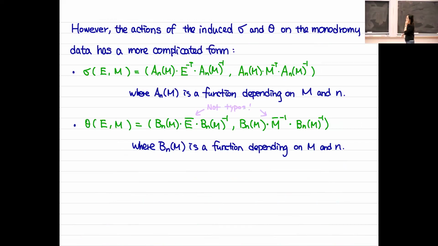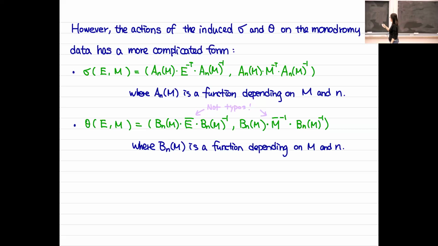So how difficult is it to describe this symmetry? This theta and sigma, once you translate it several times, right? You started with the symmetries on the connection, then you have to translate it into the Stokes data and the connection matrices, and then you have to further translate it into the modification.